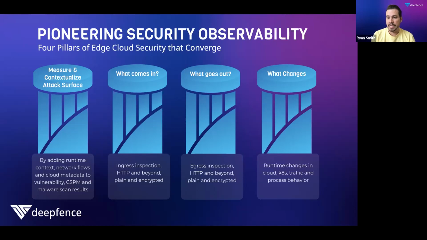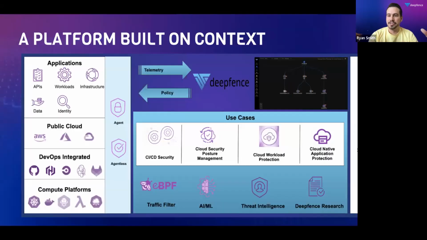So this is true traffic analysis and deep packet inspection, but targeted deep packet inspection, because doing deep packet inspection across all north-south, all east-west, all the time would be not only resource and time and money intensive on your infrastructure systems, but it just wouldn't be effective from prioritizing how we spend our security resources. So that analysis of what comes in, what goes out, allows us to identify what's changed within the cloud, the applications themselves, the traffic, the process behavior, and better lead to security decisions.